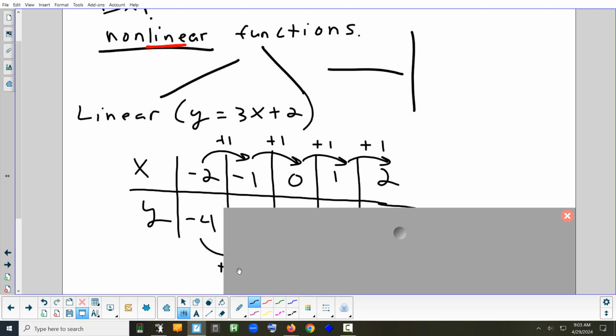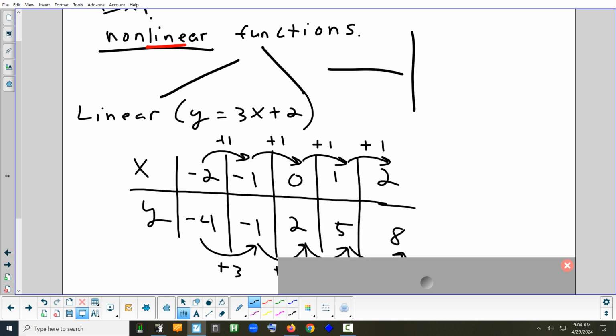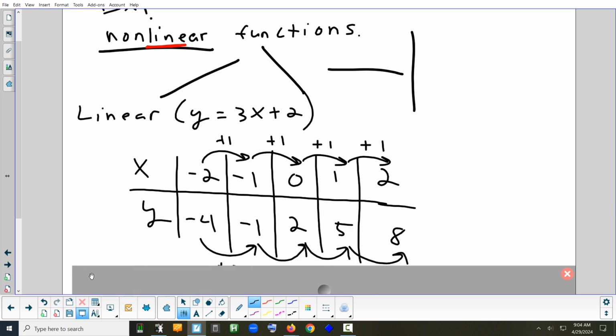How about if I plug in -1? What's 3 times -1? -3, and then plus 2? -1. We'll do one more and then I'll just show you the rest. Let's plug in 0. What's 3 times 0? 0, and then plus 2? 2. So I plugged in all of these different numbers for x, and then I wrote down the answer that I got.